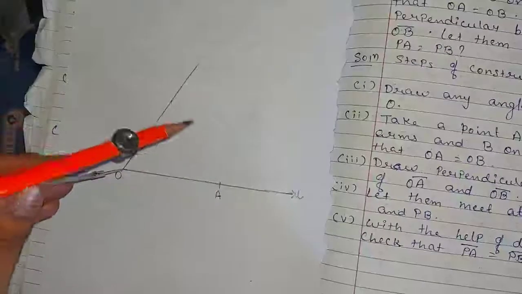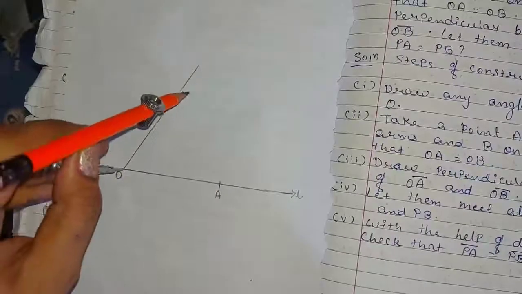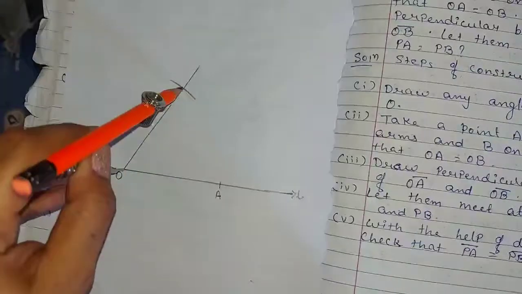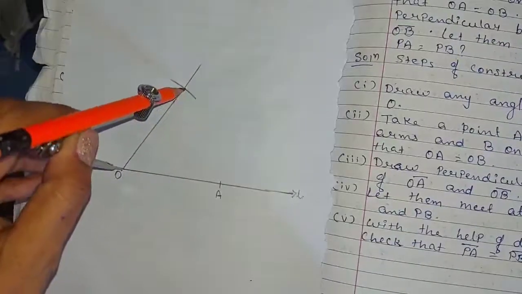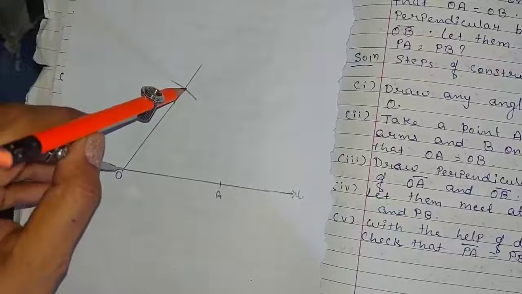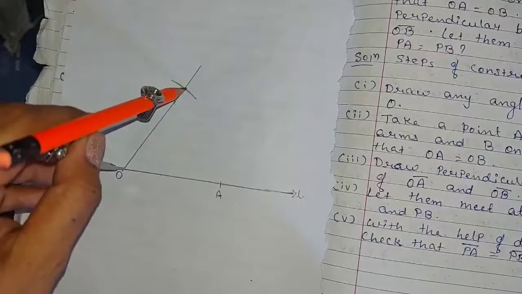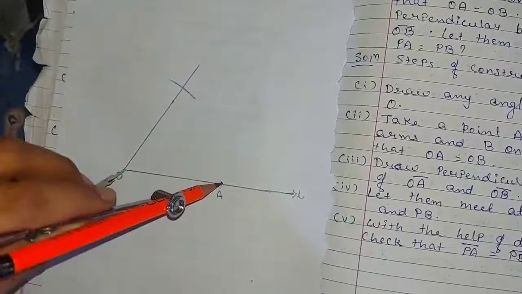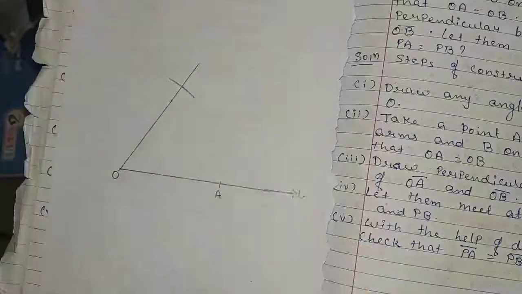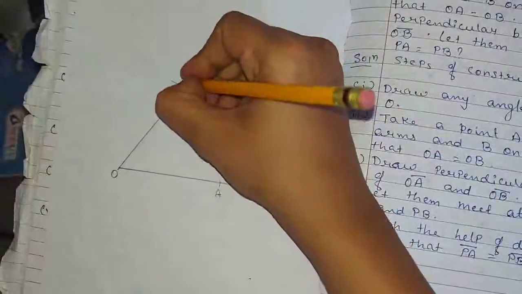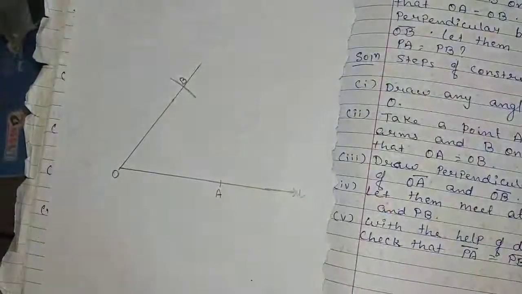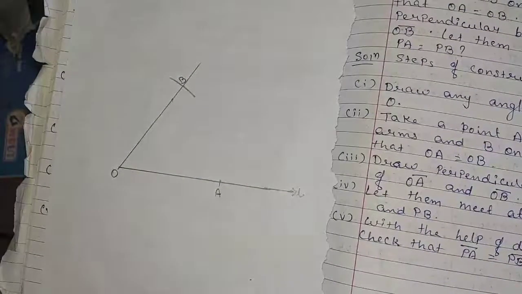With the same opening of the compass, we will take another arc and that would be OB. Why? Because we have to take the same measurement, OA equals OB. So if this is OB and this is OA, both have the same measurement. Hence here we will write B. So we have taken OA equals OB.